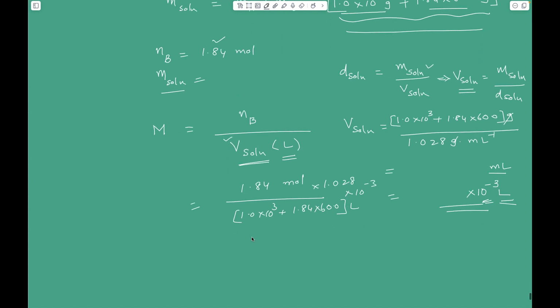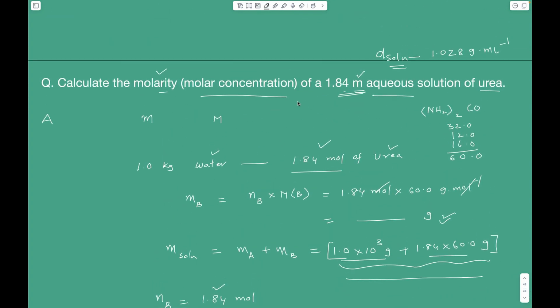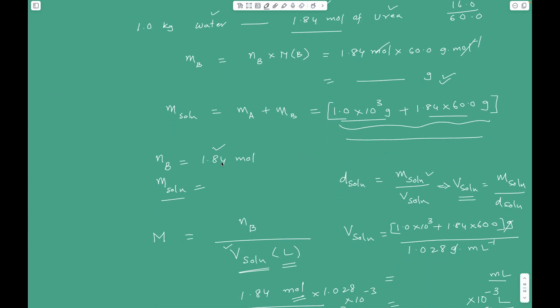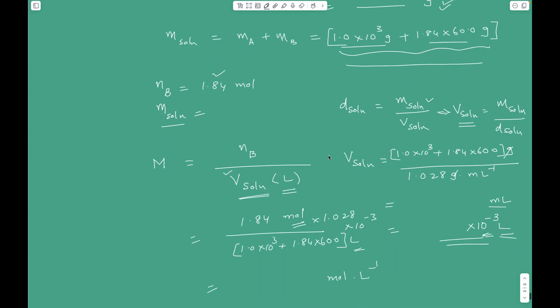So simplify this to get the molarity of the solution in mole per liter. So it is going to be a little tricky to convert molality into molarity. Also, you must know the density of the solution to do this. So go through this workout one more time to understand it.